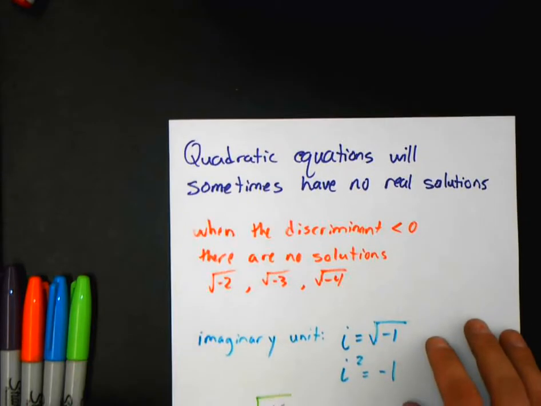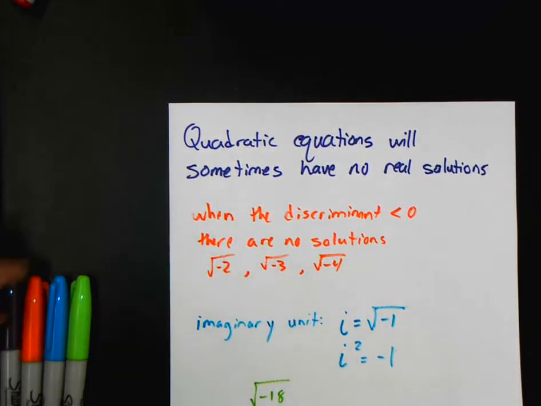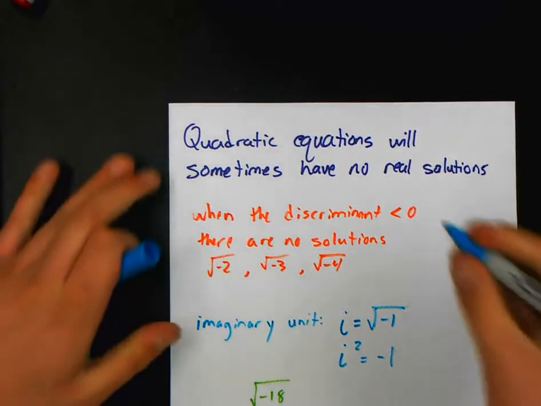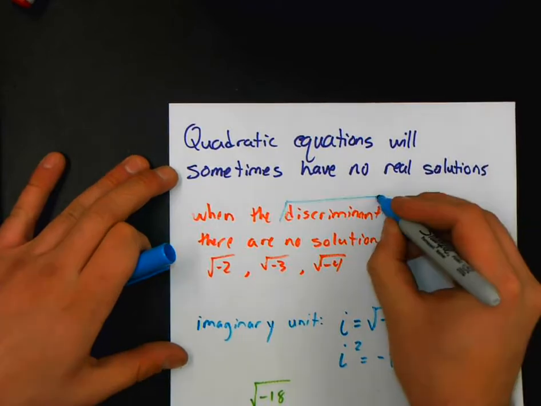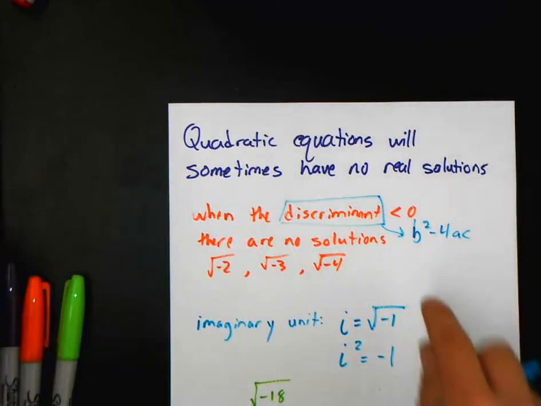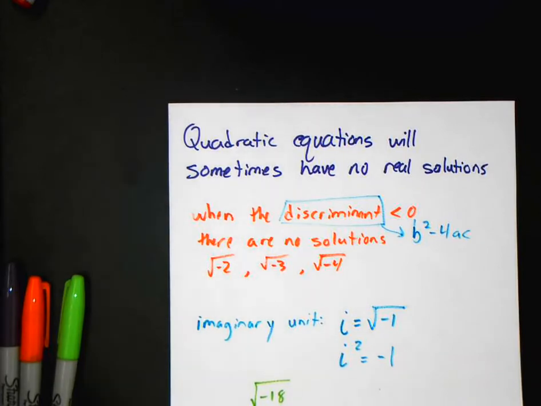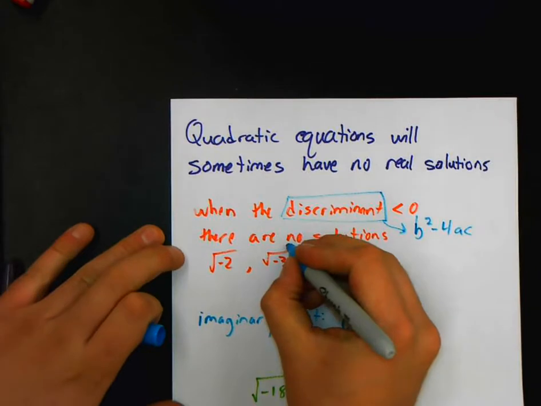First thing I want to introduce, though, is that sometimes when we have a quadratic equation, we will have no real solutions. I introduced the idea of using the discriminant, which is b squared minus 4ac. When we solve for this in our quadratic formula, if we get a solution that is less than 0, that means that we have no real solutions.